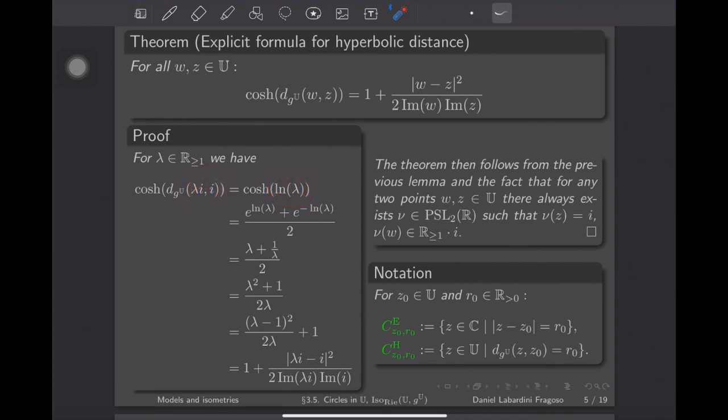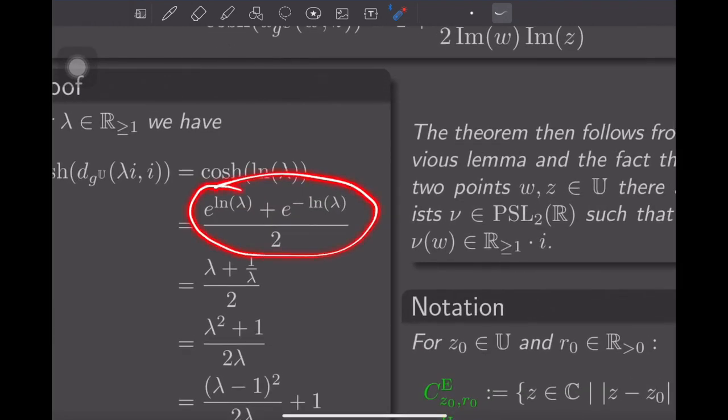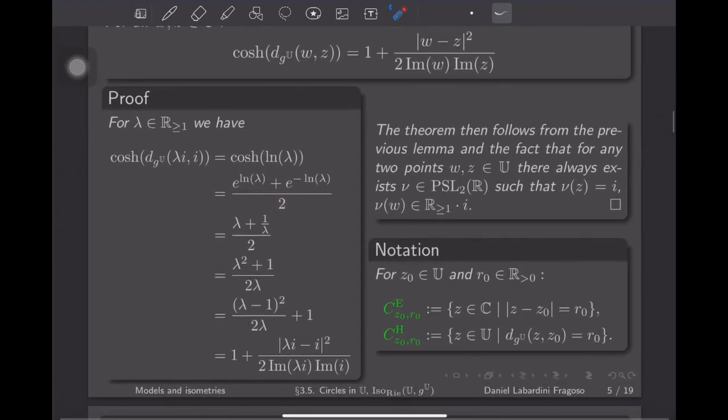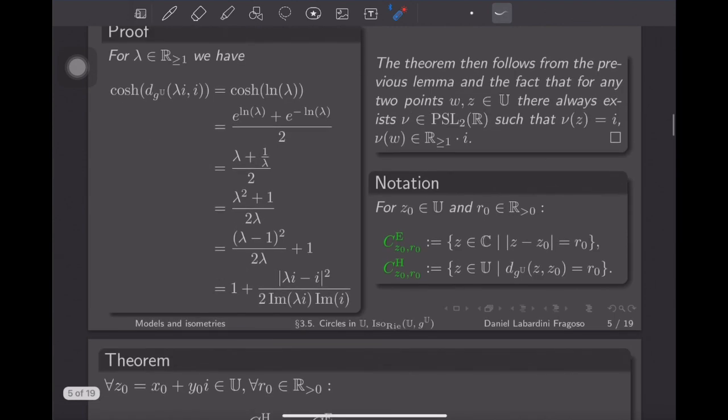Now the hyperbolic cosine is given by the formula e to the whatever plus e to the minus whatever, divided by 2. We know that the exponential is the inverse of the logarithm, so we get lambda plus 1 over lambda, all over 2. And I just developed this to have only one denominator instead of two appearing.